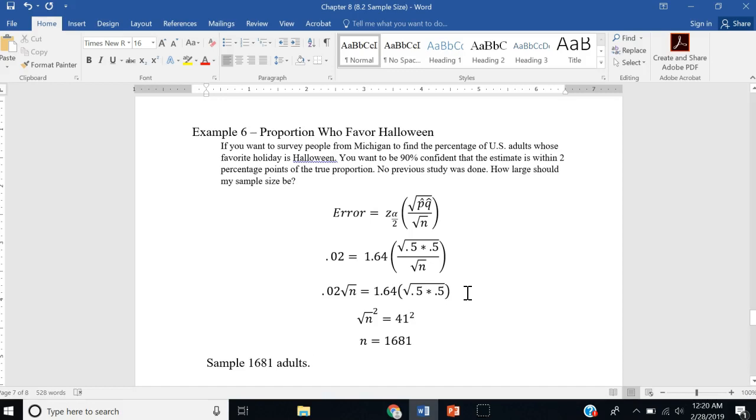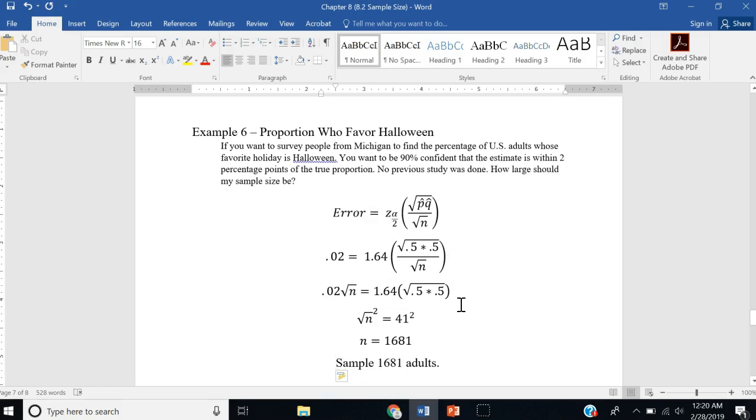So all of that is basically just to say that with proportions, there is a worst case scenario, and so I don't actually need a previous study to do this work. I can assume it's going to come out in the worst case scenario of 50-50, and then solve it just like I do the others.